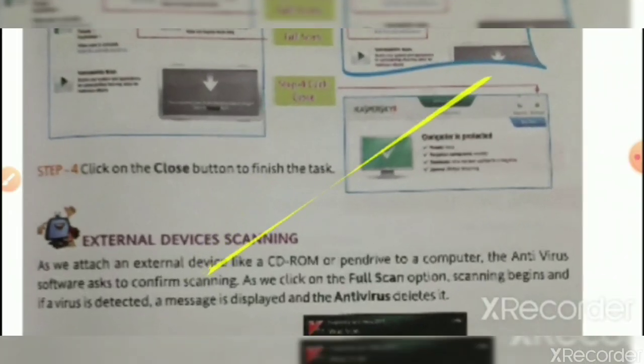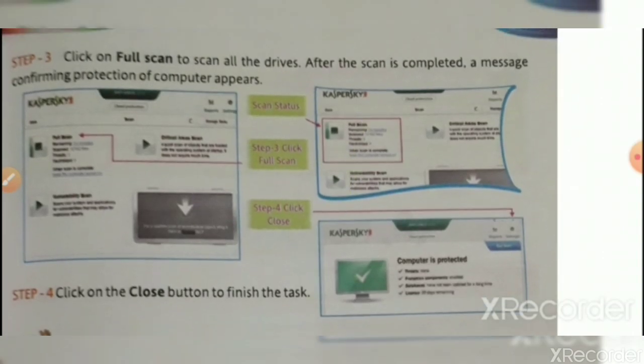To scan all the drives, we have to put it on full scan mode that we can see here. And after the scan is completed, a message confirming protection of the computer appears. Then click on the close button to finish the task. So these are the simple 4 steps to scan the computer.